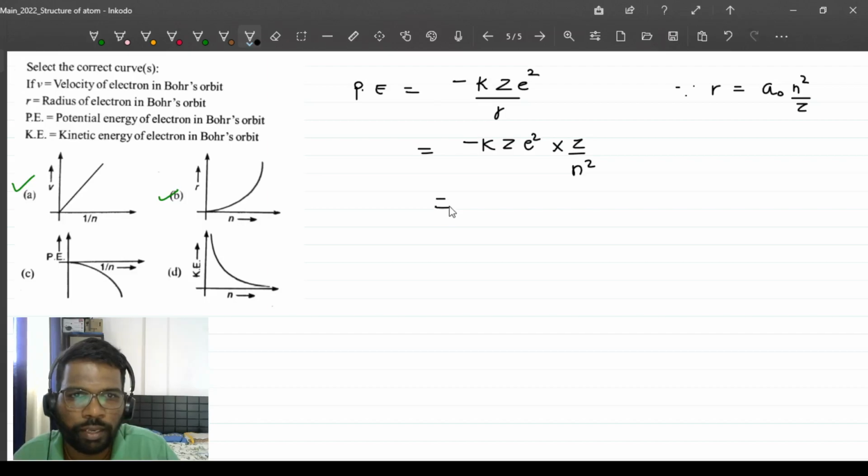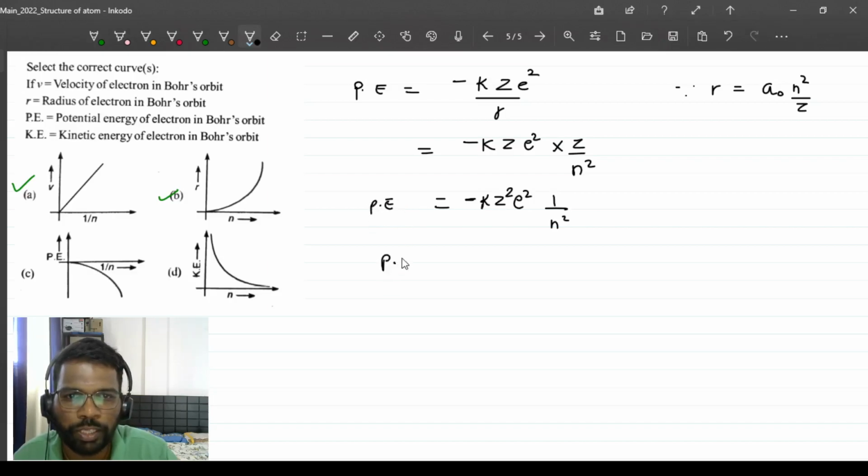If you take these constants out, then what I can say is that it is minus kz e square upon 1 upon n square, and it is minus, right?